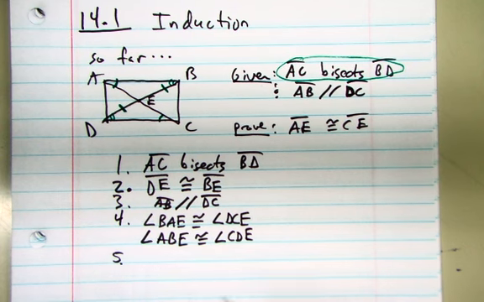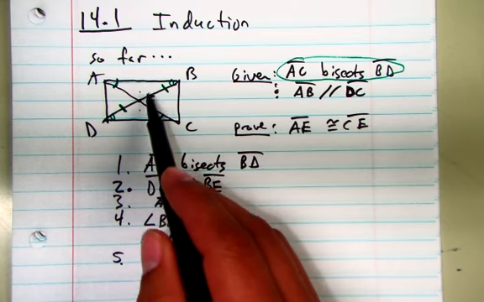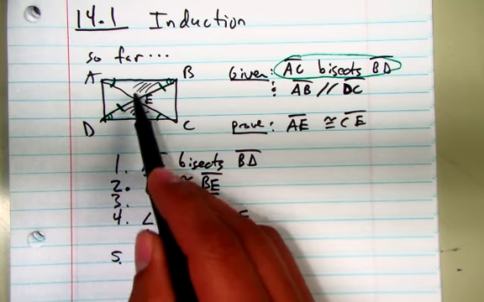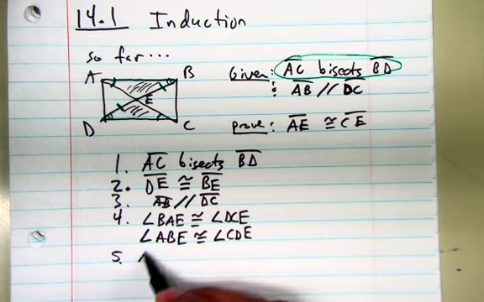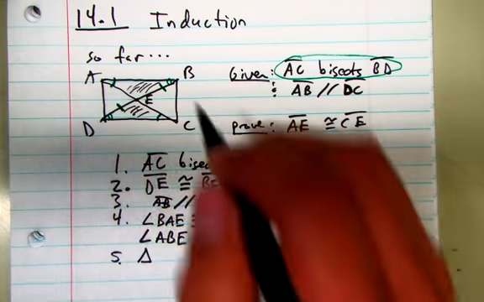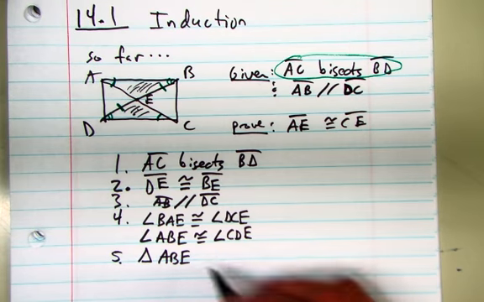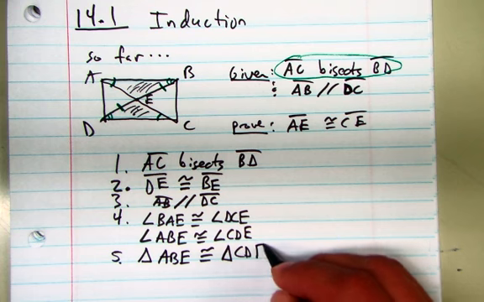And now after that we said, well look, now we can say that these 2 triangles, this triangle here and this triangle there, are congruent because I have the angle-angle-side, right? So I'm going to say triangle ABE, and then keeping the order the same, that would be CDE.